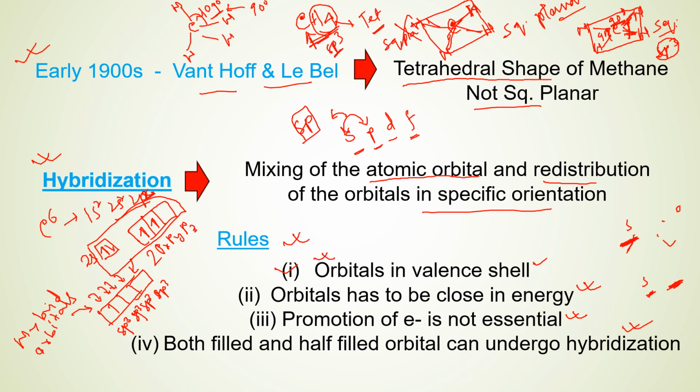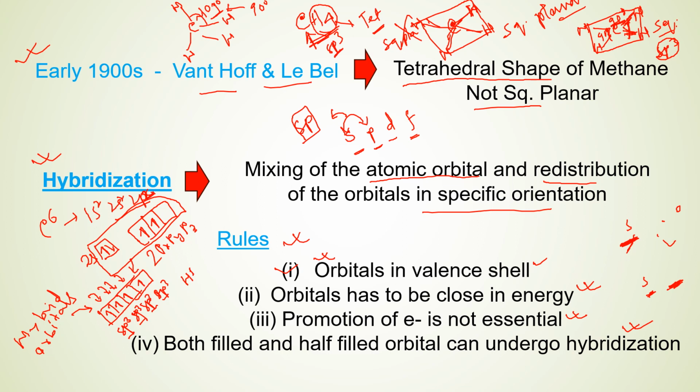Now there were 4 electrons in the valence shell, so these 4 electrons will be redistributed in the sp3 orbitals. Each sp3 orbital contains 1 electron.